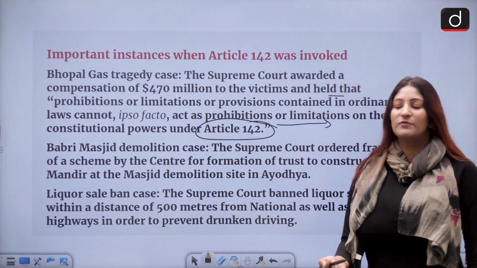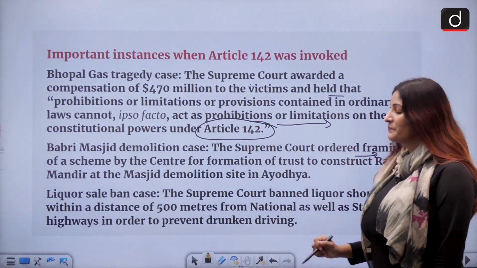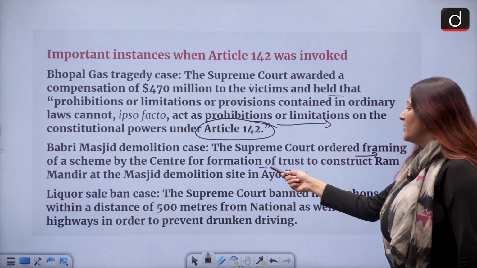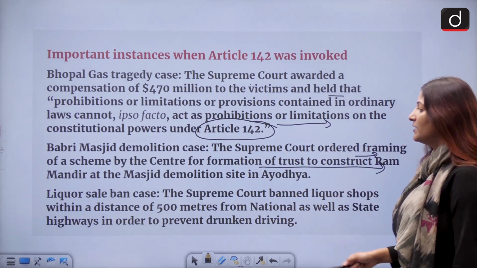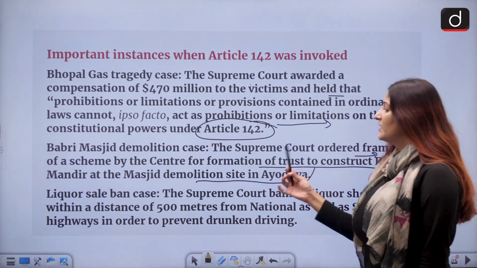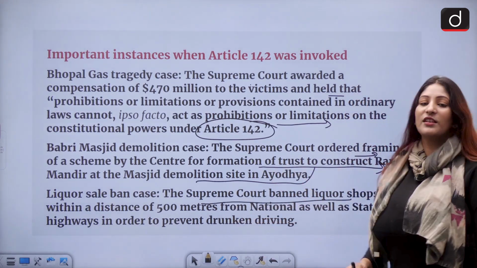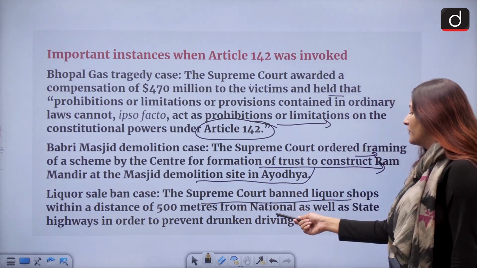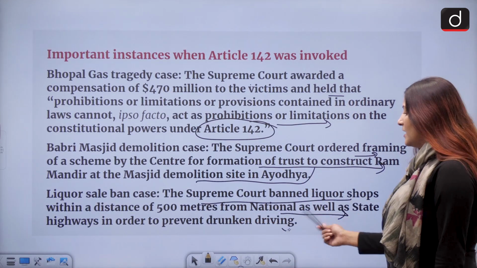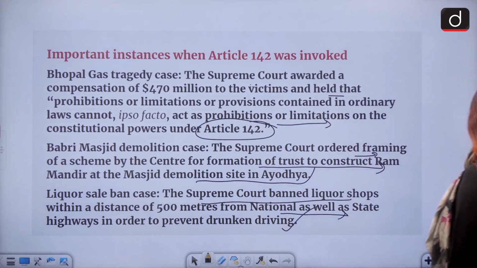Then comes the Babri Masjid demolition case, in which the court ordered framing of a scheme by the centre for formation of a trust to construct Ram Mandir at the Masjid demolition site in Ayodhya. Third was the liquor sale ban case, in which the Supreme Court banned liquor shops within a distance of 500 meters from national as well as state highways in order to prevent drunken driving.